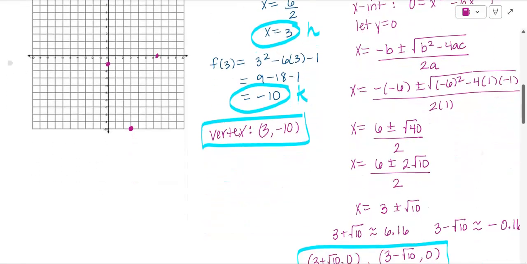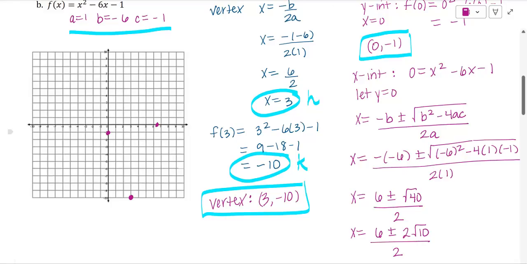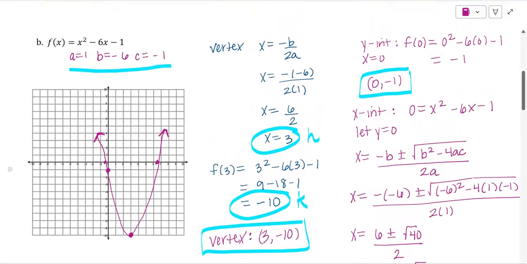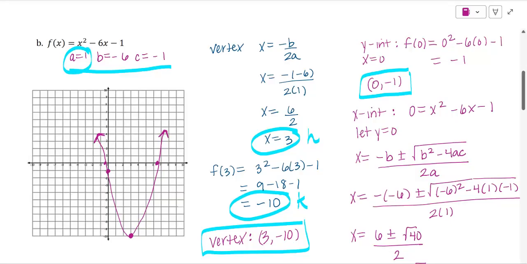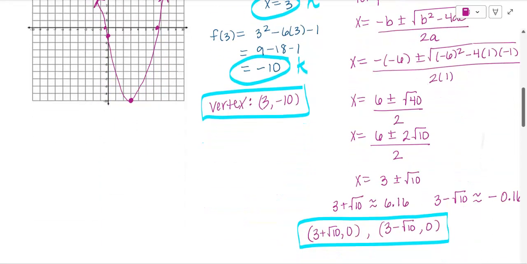And then negative 0.16, so maybe here-ish. And then we'll draw our parabola like this. Again, A is positive in this case, so that matches up with the parabola facing up.